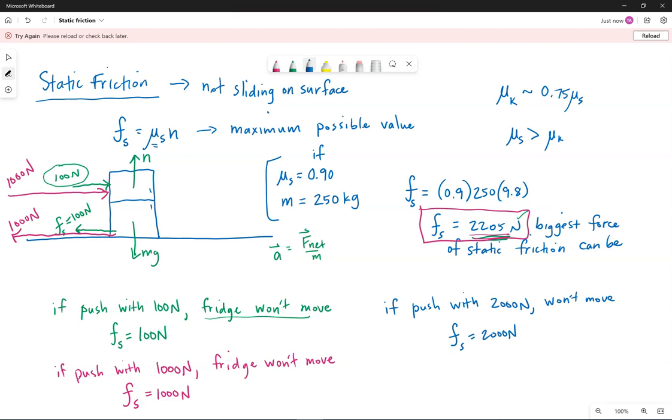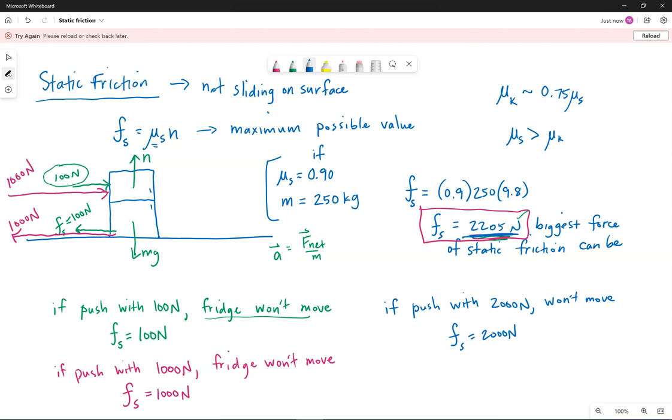So we essentially can apply any horizontal force up until this 2205 newtons, and the fridge won't move. The static friction force will equal whatever our pushing force is.